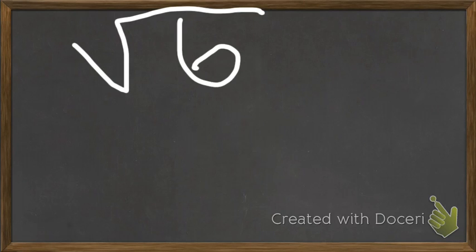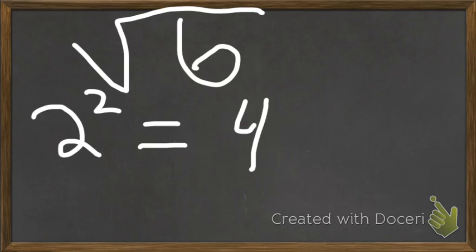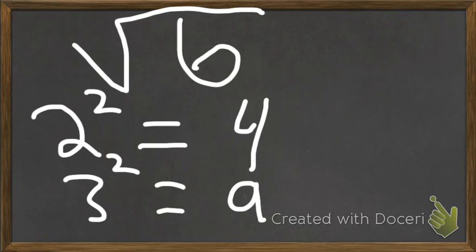But I'm too lazy and I don't want to draw a bunch of squares. So let's just use our number sense here. We just said that the square root of 6 must be between 2 and 3. So let's try.